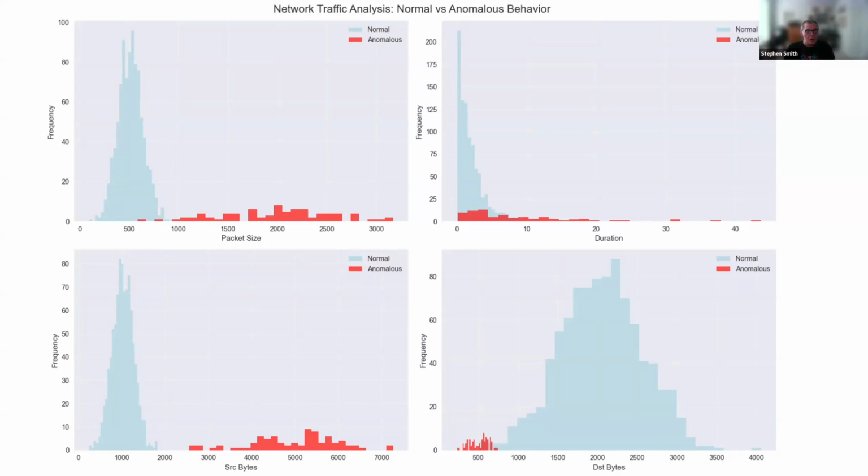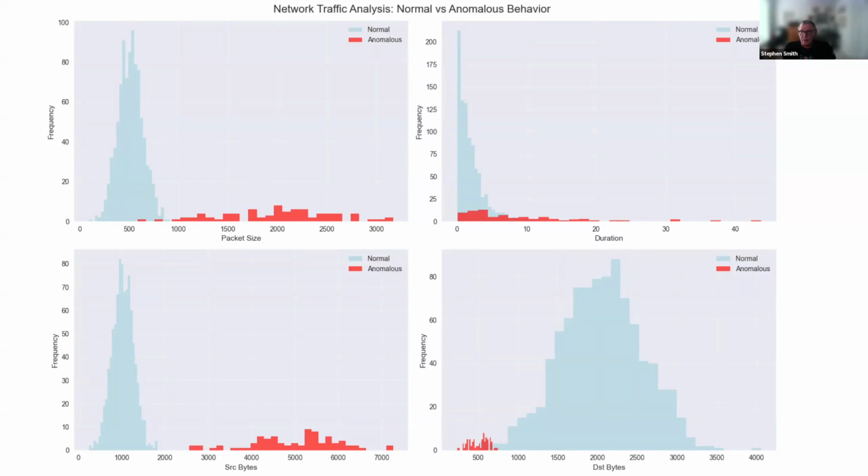Where's Waldo, right? Waldo lives in the big blue pile there, and not Waldo lives in those red bars going out. You can see this is an area graph, right? We're looking at frequency. This is pretty simple.